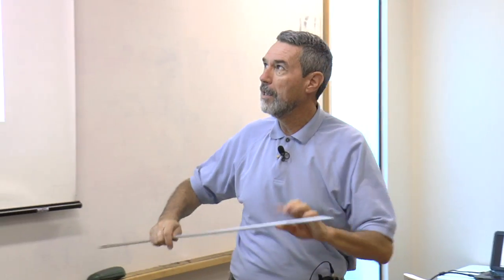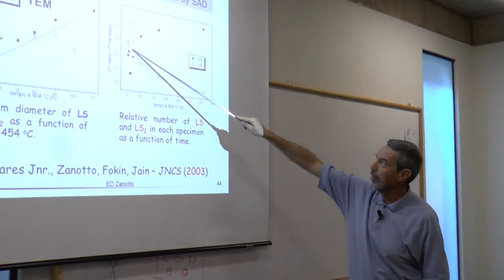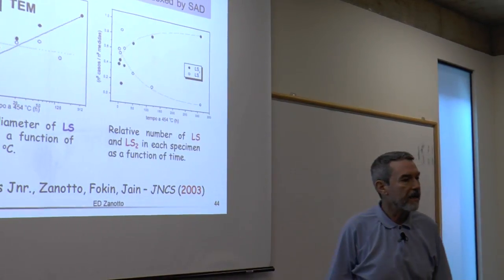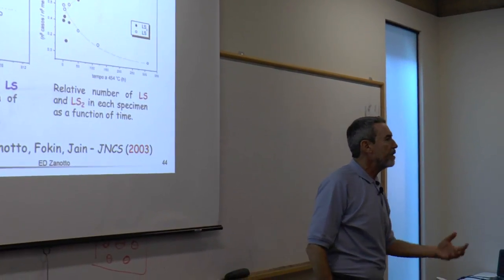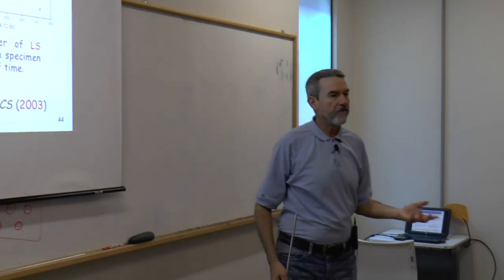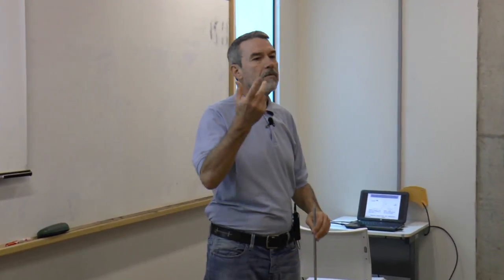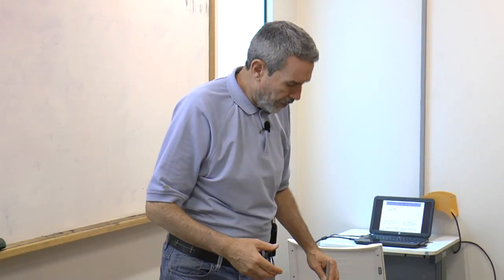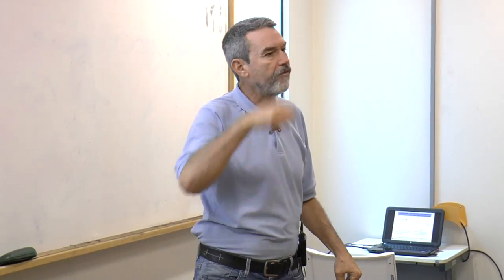And also the metastable phase, lithium metasilicate, dissolves back before it reaches a sizable volume fraction. Maybe you have 1–2% of the whole glass crystallized by this metastable phase, but it dissolves back. It forms and dissolves back.